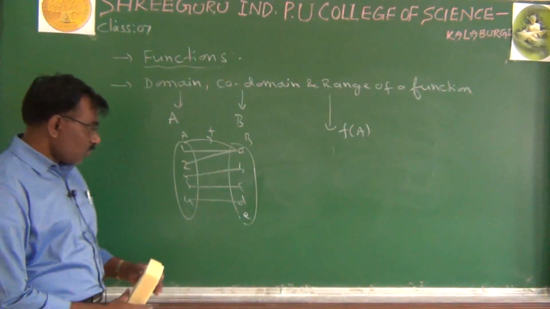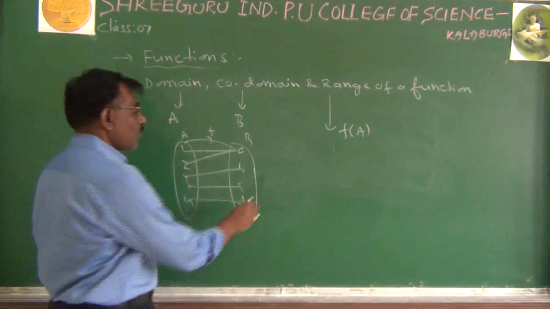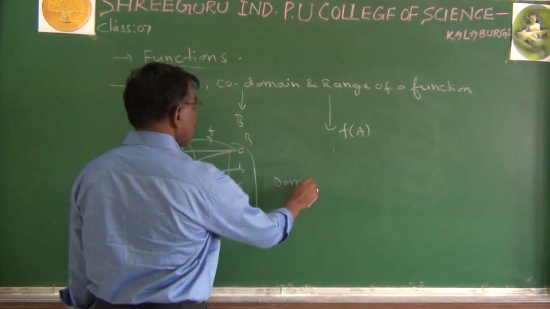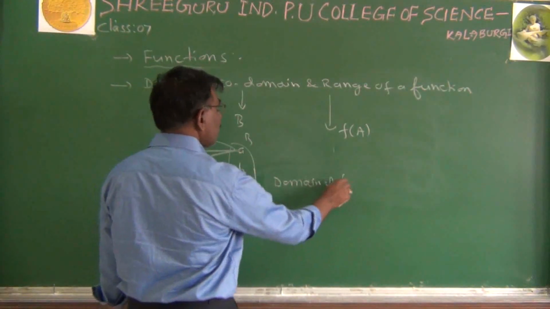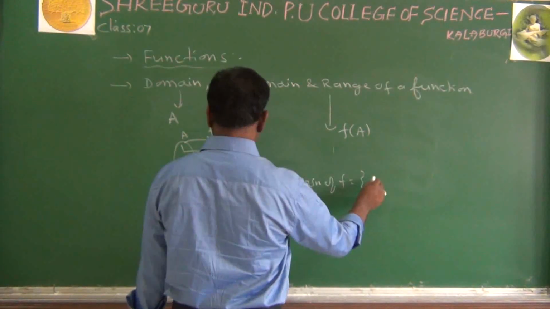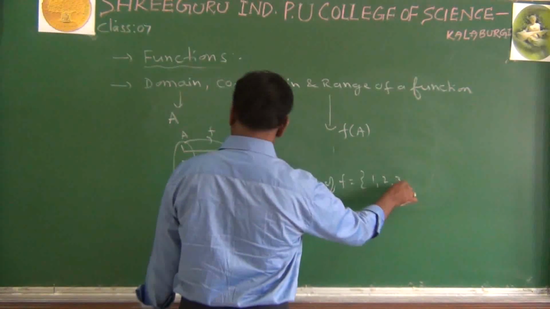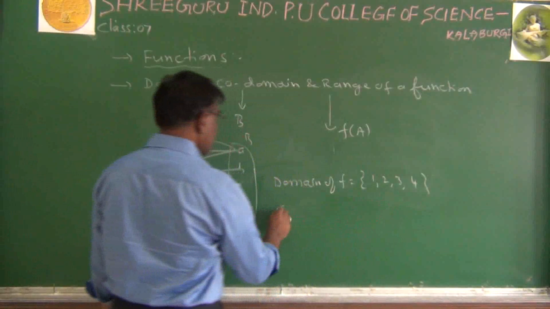Range. What is the domain? The set A. Domain of f equals the elements of set A: 1, 2, 3, 4. What is the codomain?